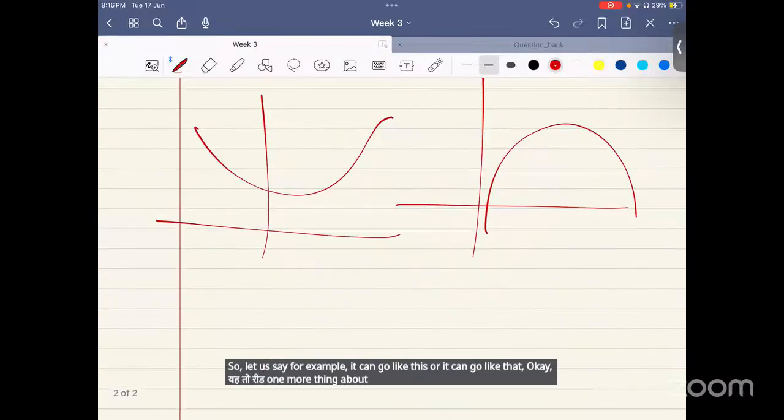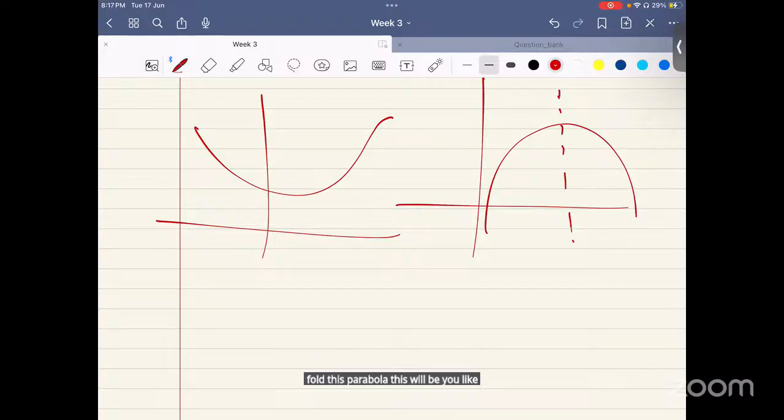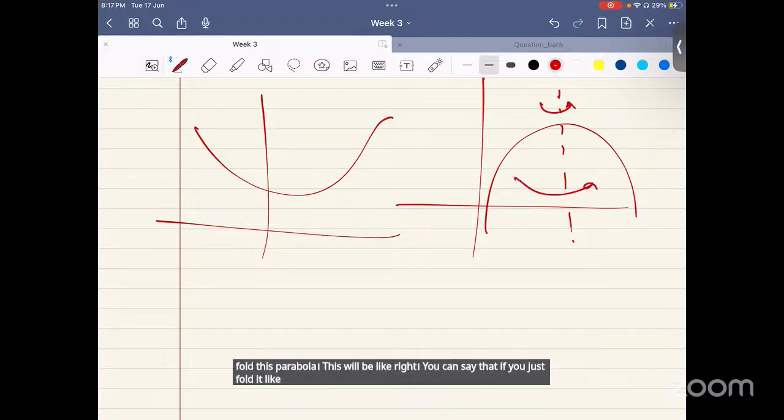Whenever we are plotting a parabola, you can see that there might be one axis of symmetry, one straight line that is parallel to the y-axis, about which if we fold this parabola, it will merge.